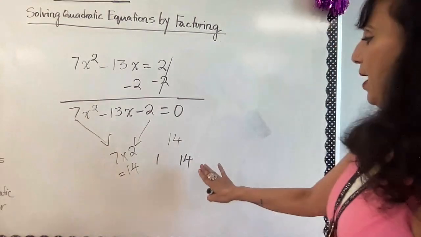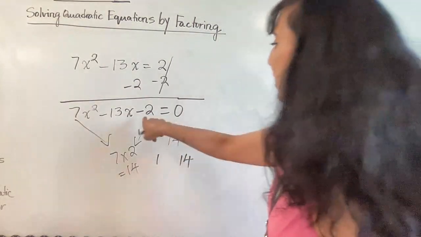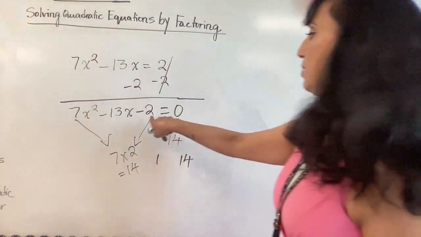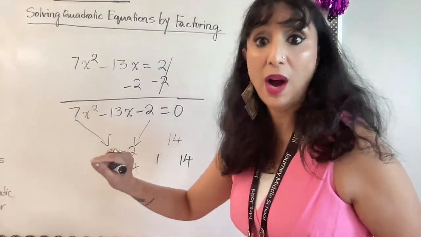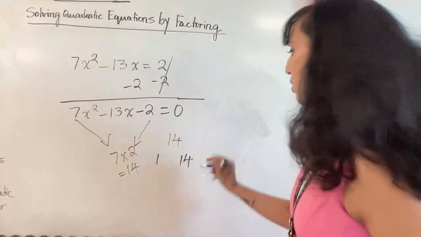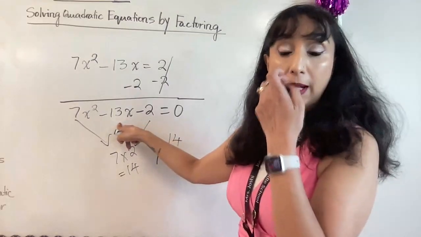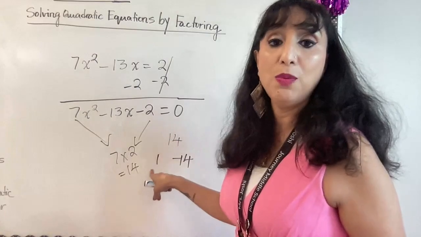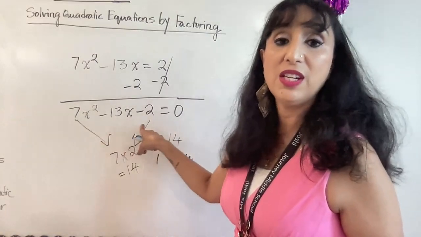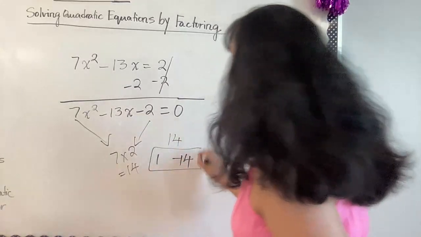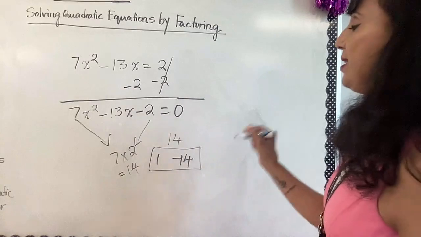So I'm going to stop right there because this has to be negative. So this tells me the signs are opposite, right? And so if I do negative 14 times 1, negative 14 and I do plus 1, that's how I get negative 13x.